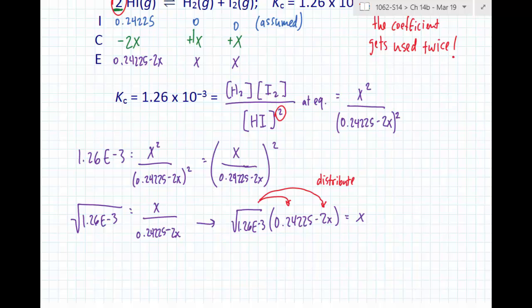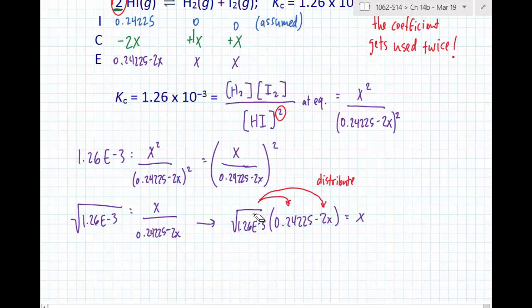Always be careful of your signs when you're multiplying a constant through, especially subtracted terms like that. So after you distributed, you should have two terms on the left and equaling x on the right.